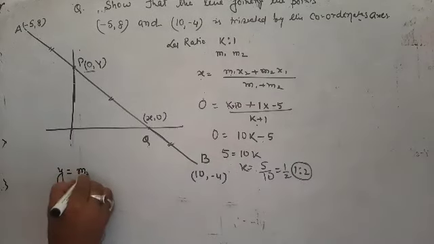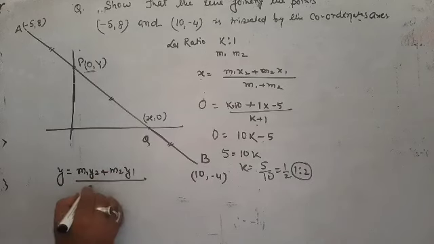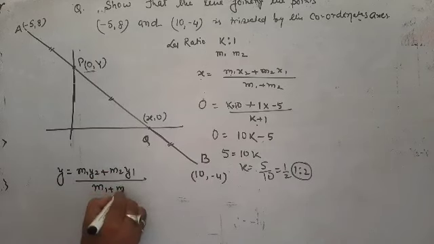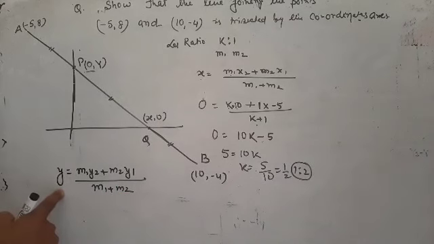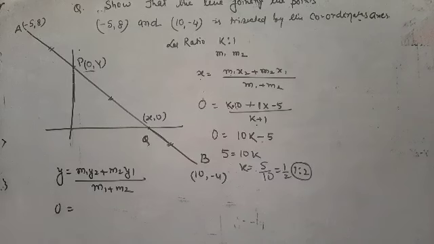Again, if you take m1, then you take y2. If you take m2, then you take y1, by m1 plus m2. Now, in place of y, what do you put? You put 0. So 0 is equal to (m1 k, y2 minus 4, plus m2 1, y1 8) by k plus 1.